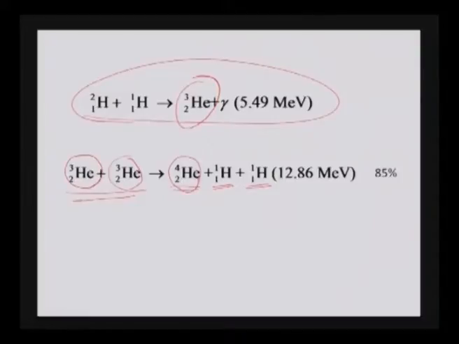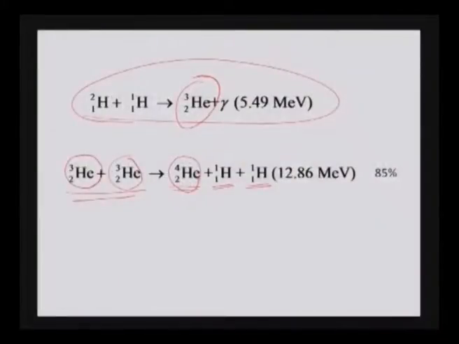And 80% of the time this 3 He follows this path. The helium nucleus which is created with 2 protons and 1 neutron, 80% of times it goes through this path and makes this helium.